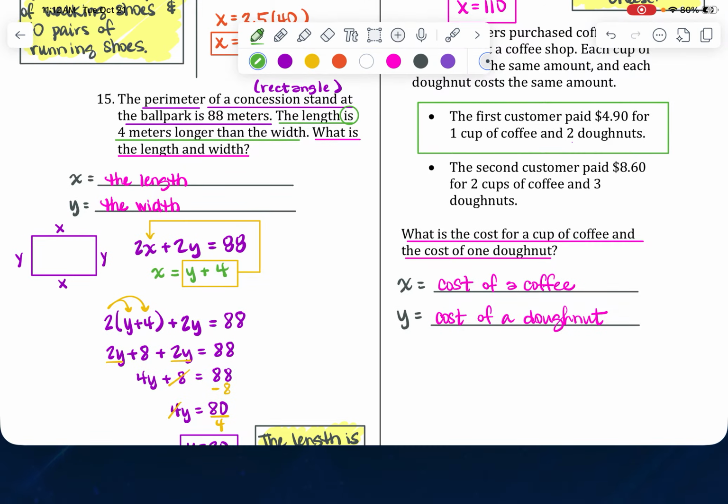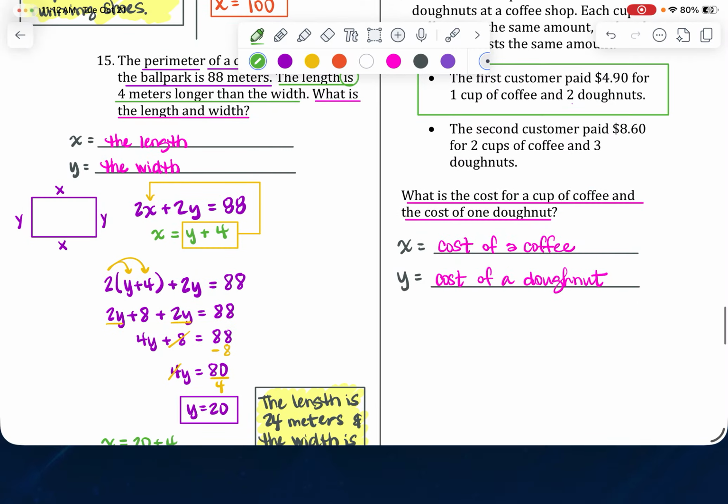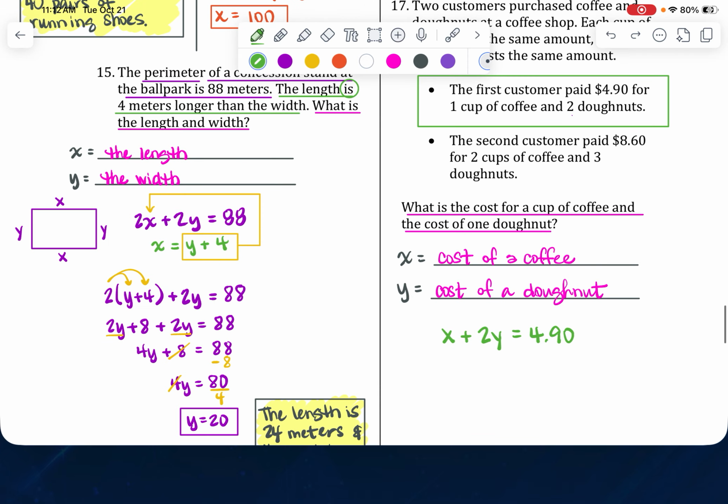All right, and in this case, each bullet is gonna give me a sentence, right? Because the first bullet is talking about the first customer. So the first customer paid 1 cup of coffee, so 1x plus 2 donuts, so 2y, and was $4.90. And please notice that is money plus money equals money because the variables themselves are money, right? X and Y stand for money, right? So we're still getting money across the board there.